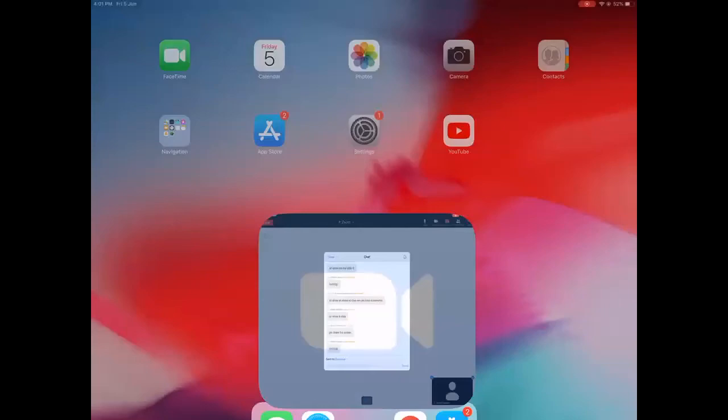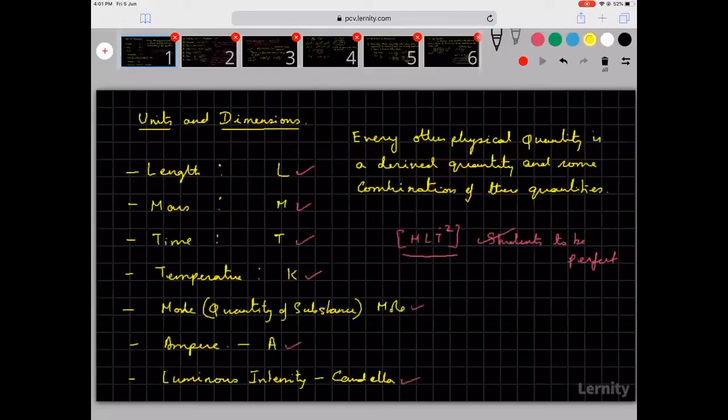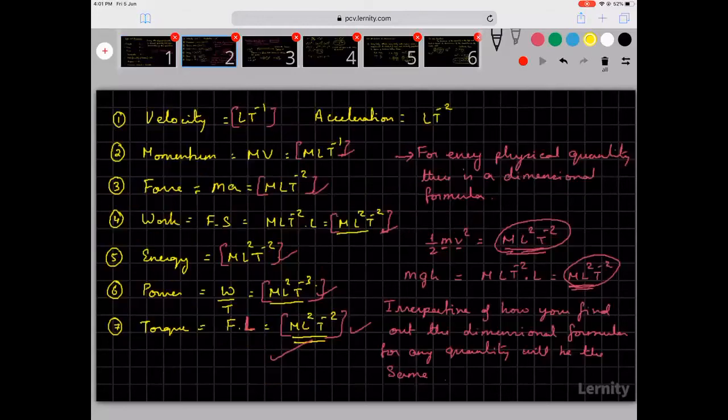Okay, so this is the first slide. This is the second slide, where I wrote down the dimensions of certain physical quantities that we will be meeting. These you have already met in your lower classes.